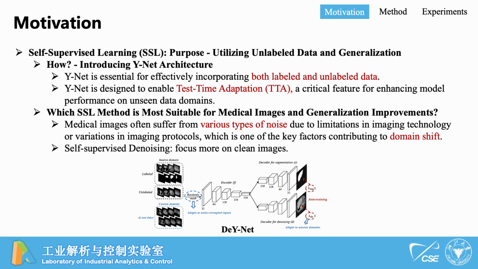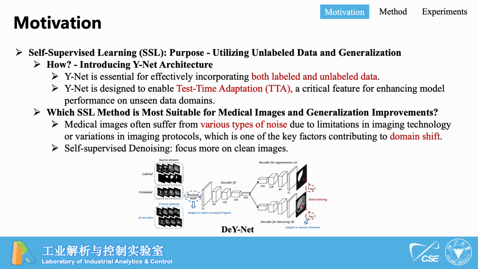The Y-shape also introduces a critical feature known as test time adaptation, which aims to utilize the distribution information from the test data to quickly adapt models with a few gradient steps at test time. The second key problem is which self-supervised learning method.